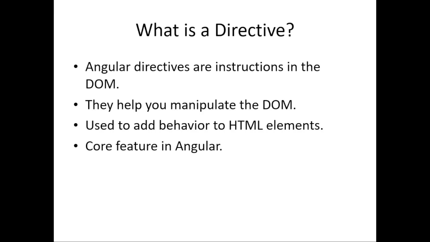If we touch it, it will change the background color, and we can add styles. So this is used to add behavior to the HTML, and the directive is a core feature in Angular. I will explain in detail one by one.